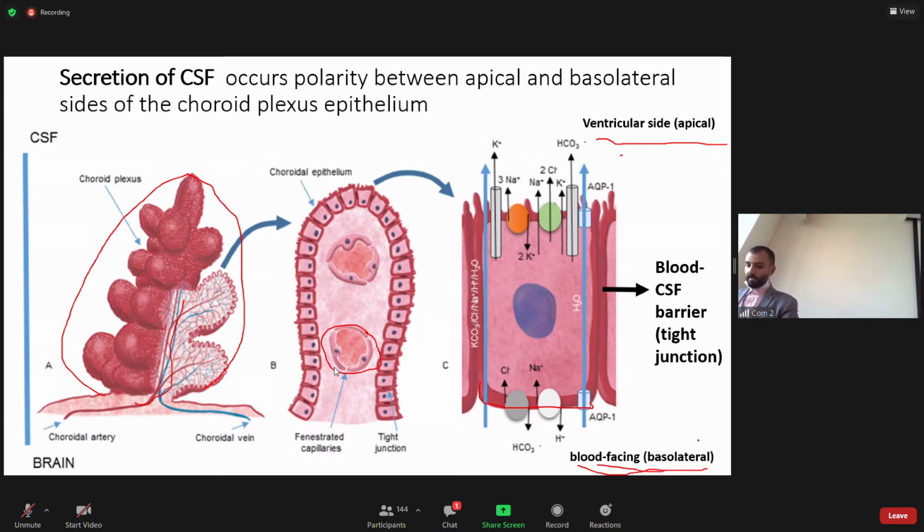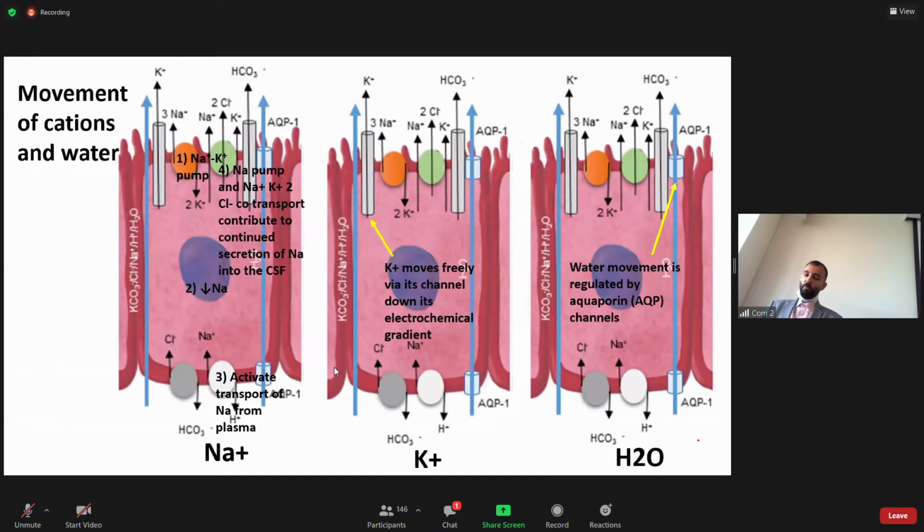So how is the secretion of CSF regulated, or how is CSF produced? CSF consists of multiple things, as we will see in a second, basically cations and anions, for example the movement of cations and water. Here we have an ependymal cell, and as I said, CSF is highly regulated.